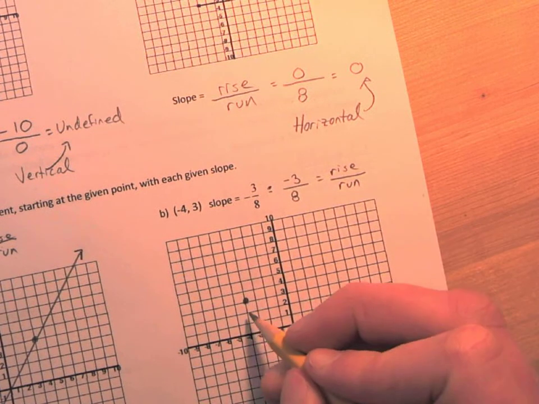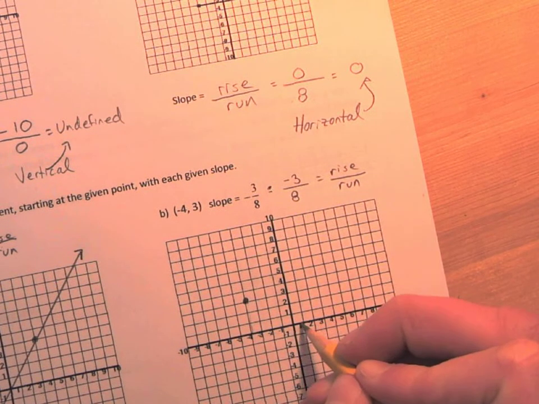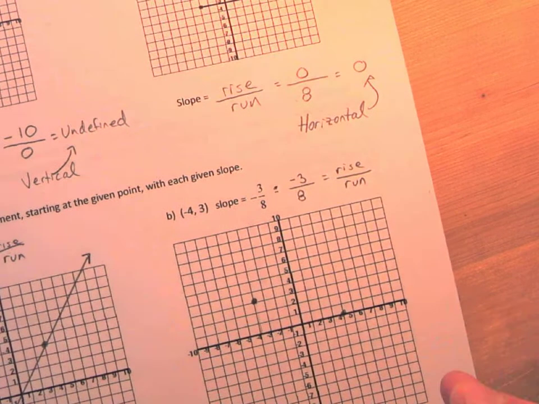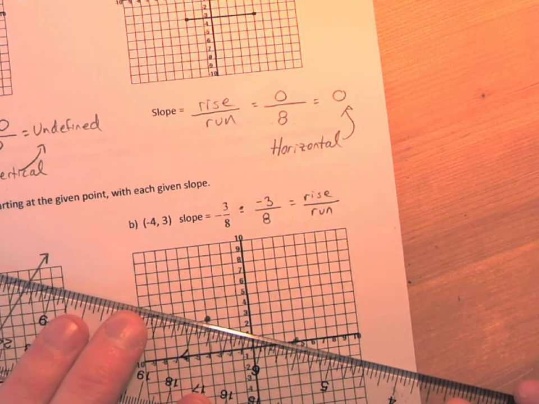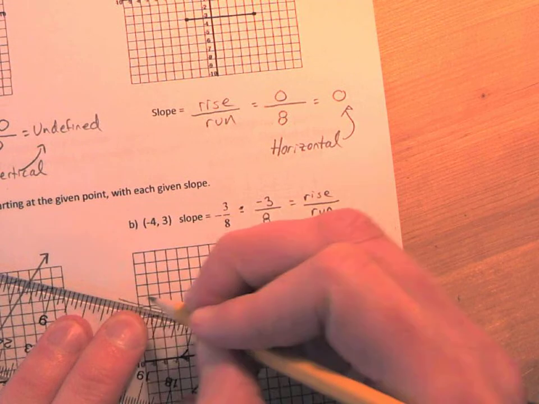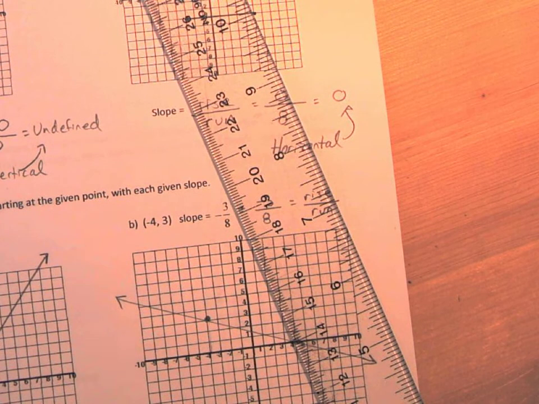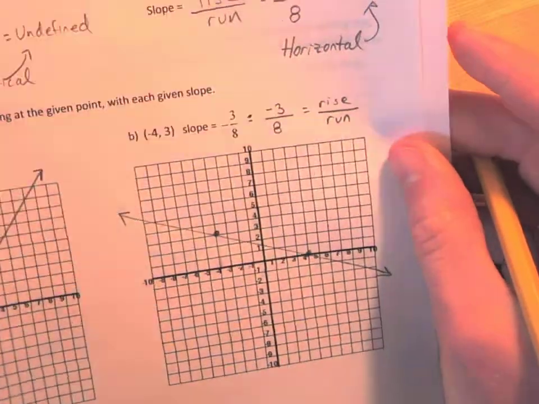And so our rise is down 3, and our run is +8. 3, 6, 8. So another point there. And then we can draw our line. So there we go. Now we drew the line for that information.